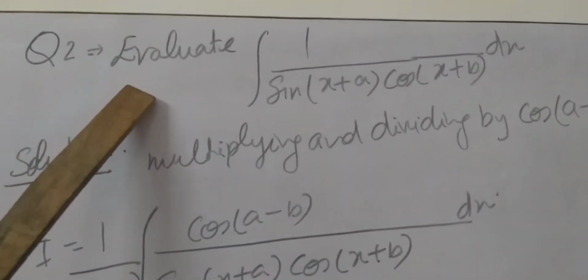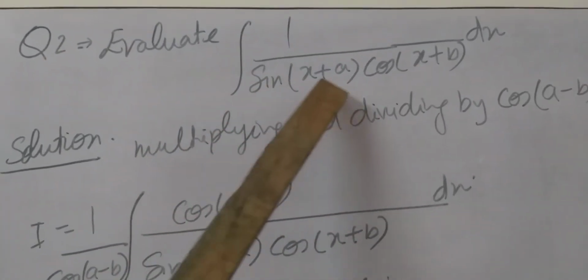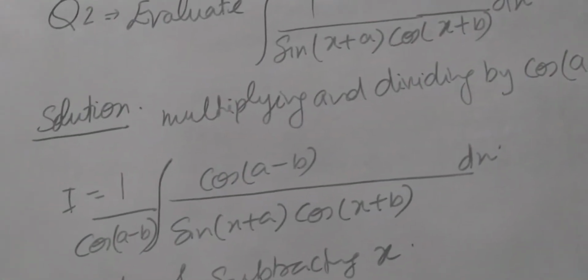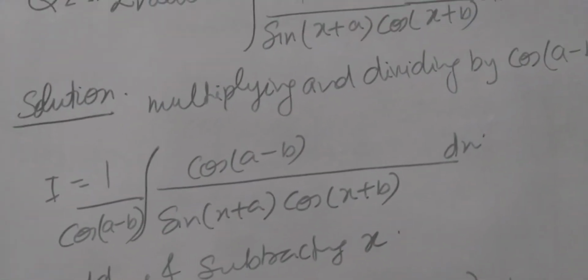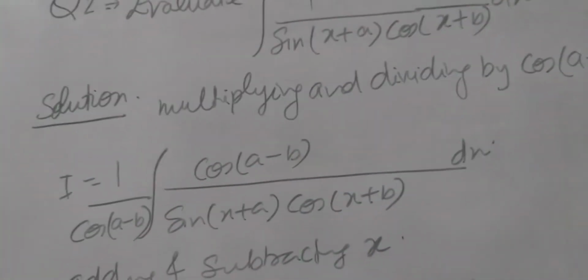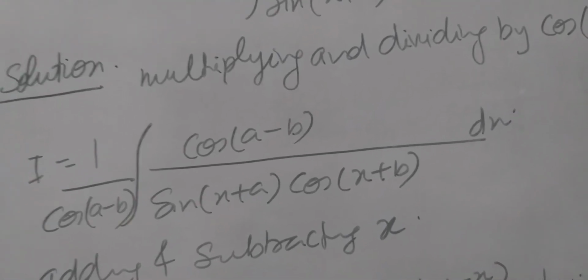Let us solve one more question. Evaluate the integration of 1 upon sin x plus a cos x plus b dx. Here sine and cos are both given in the form of multiplication, so we have to remove the sign of multiplication.